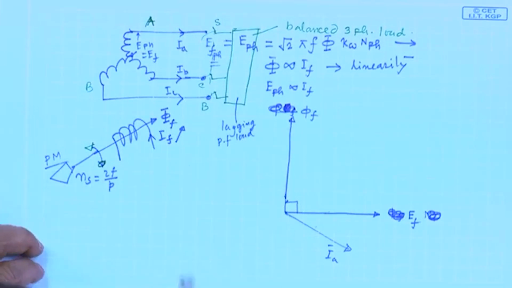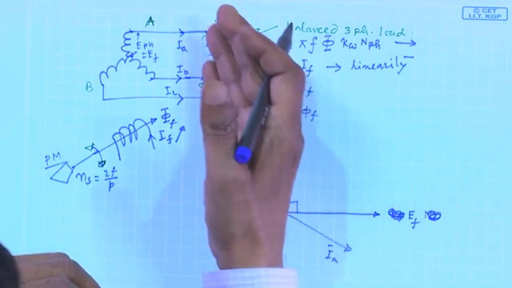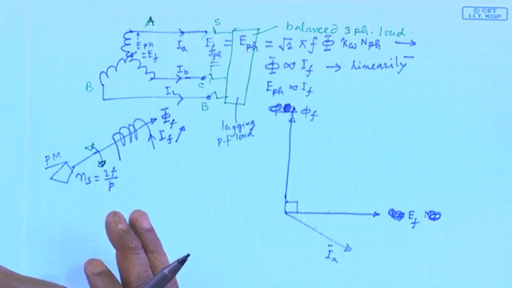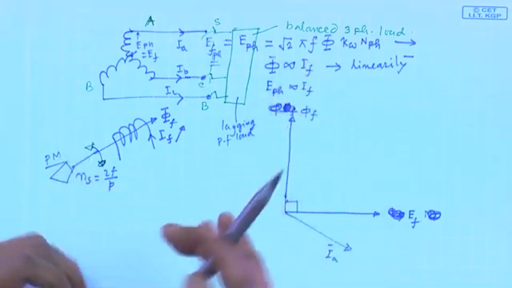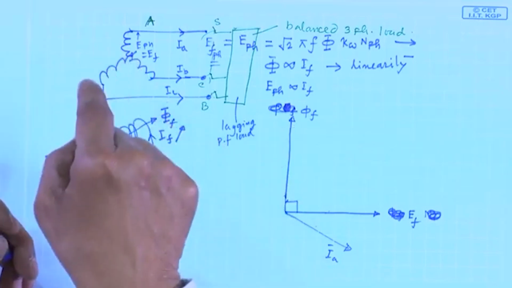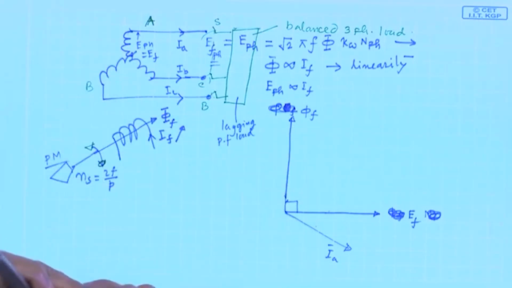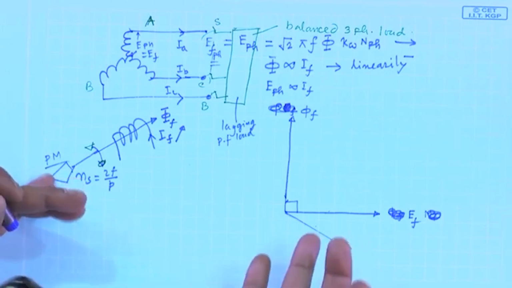Therefore, what will be the induced voltage now? In this scenario, when the switch is closed, will it still remain phi f? No. To phi f, I have to add the field produced by the stator coils. Now, tell me, where should I draw that armature field?